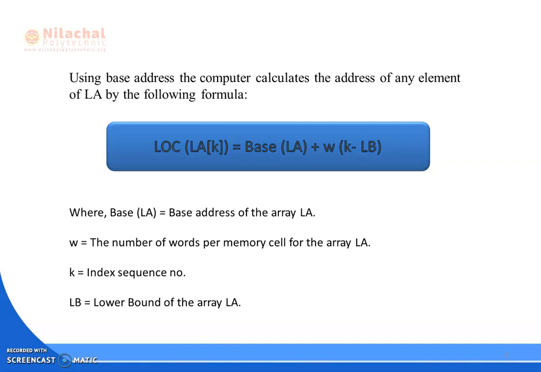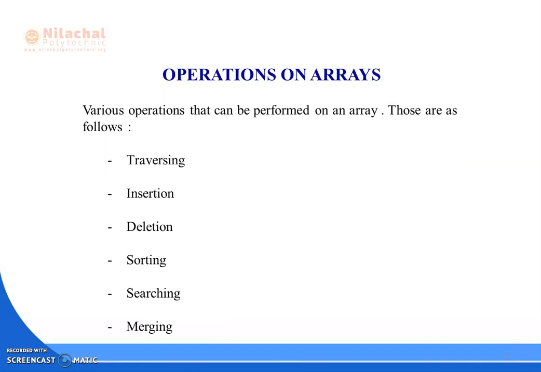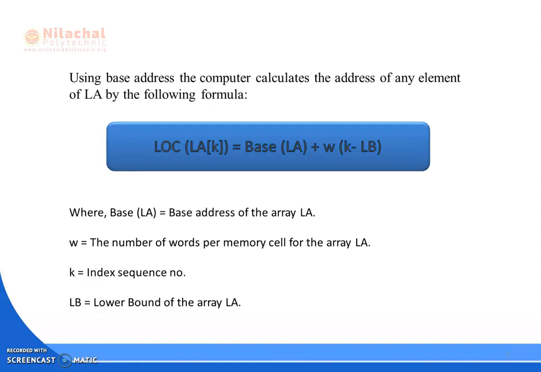K is the index sequence number, or each and every sequence element of the array. LB is the lower bound of the array, or the first element, or the lowest index number of the array. By this we can find any memory allocation of any element in the array. So I think this is clear, how we can find the location of any element in the array by putting in this formula.